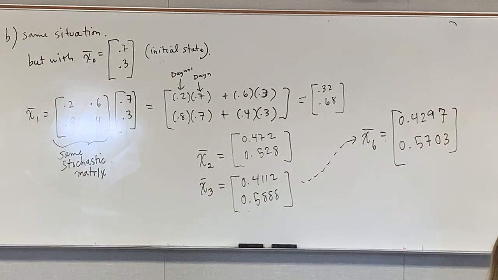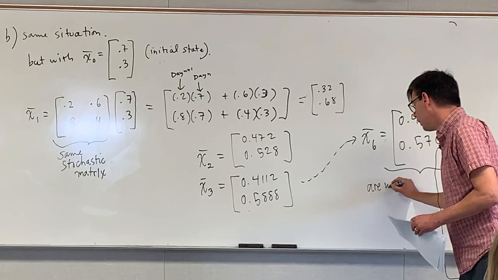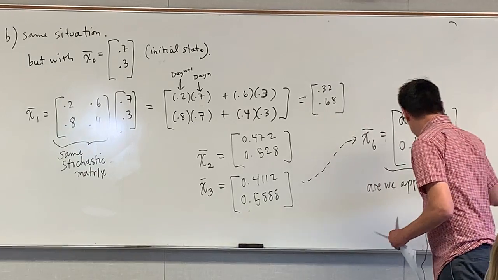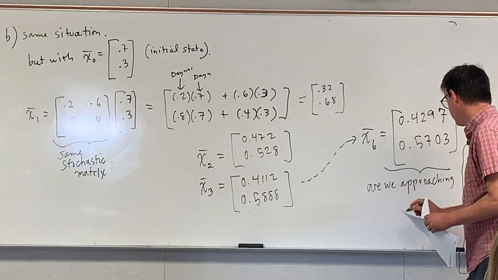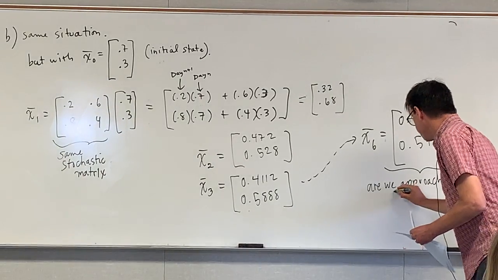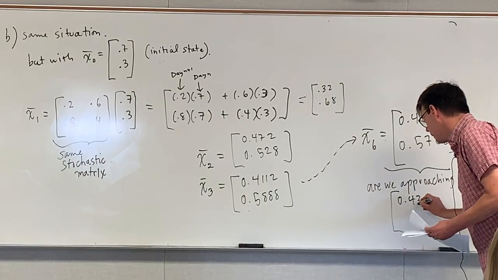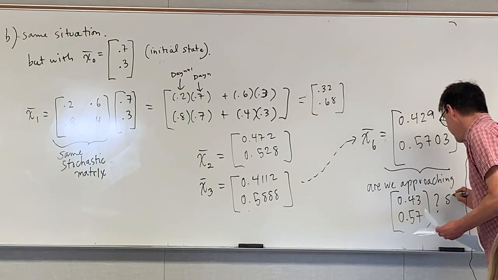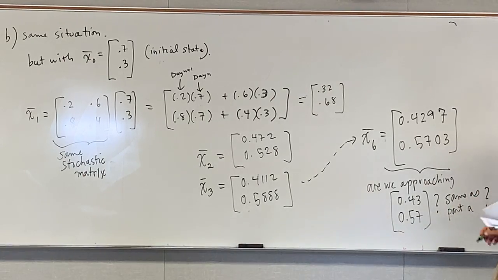Now, I don't think it's totally obvious here, but are we approaching the same limiting value as in the previous situation, same as part A? I mean, it kind of looks like that.